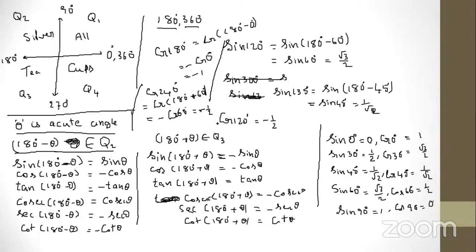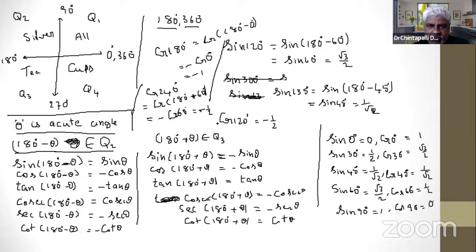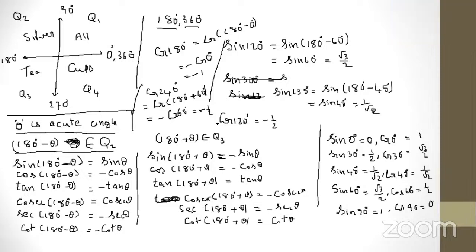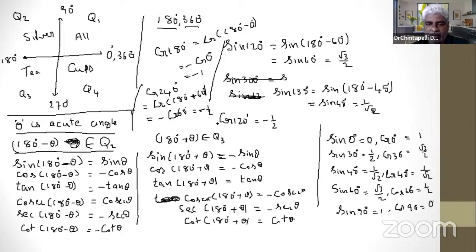So negative 1/2. Very good. What is tan 225 degrees? So tan 45, 1, sir. Very good.